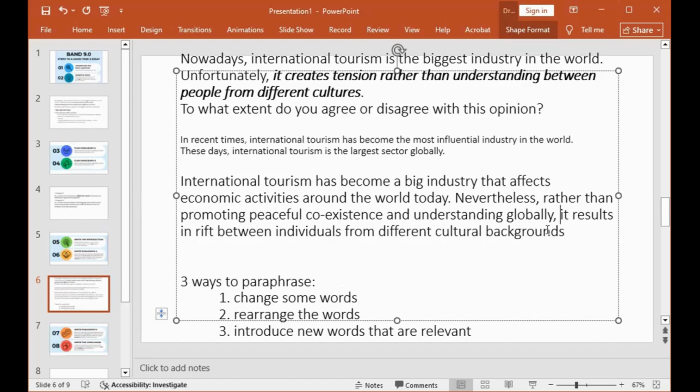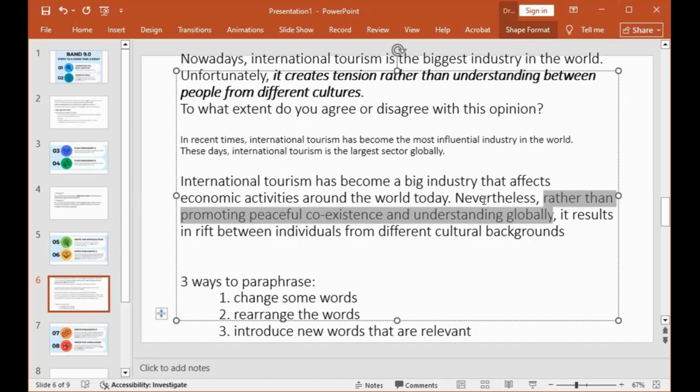Can you see what I've done now? This part I highlighted is a paraphrase for what? This small part, three words. Three words in the essay question prompt has increased to 1, 2, 3, 4, 5, 6, 7, 8 words. Can you see paraphrasing? That shows that I added new words.